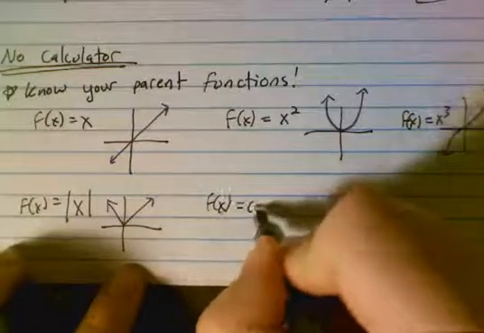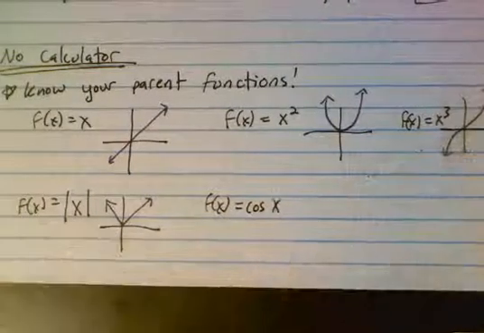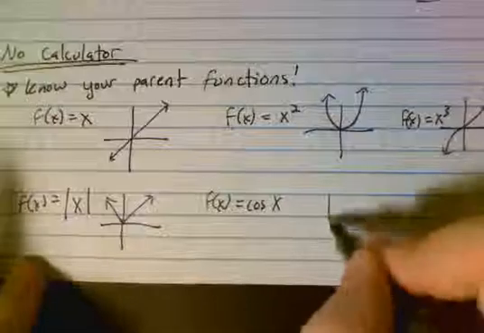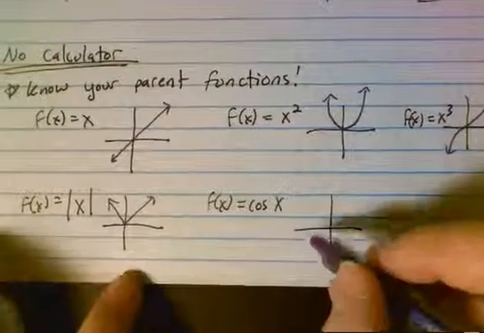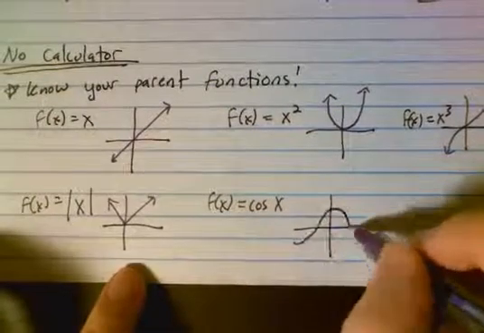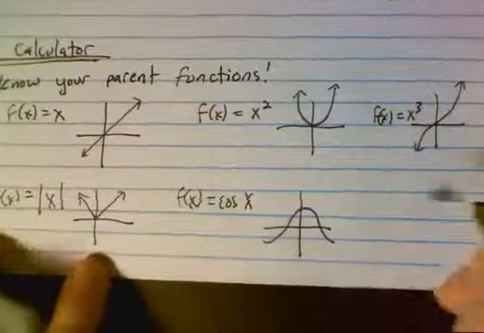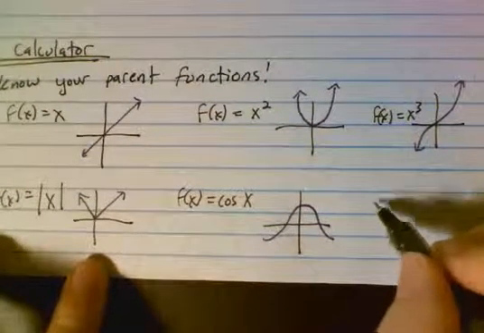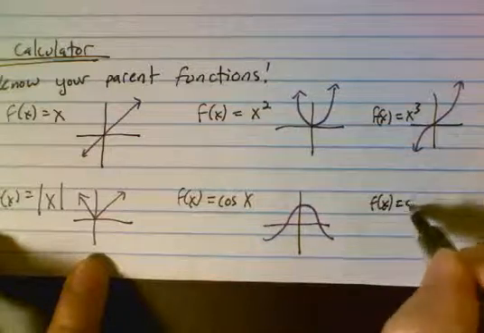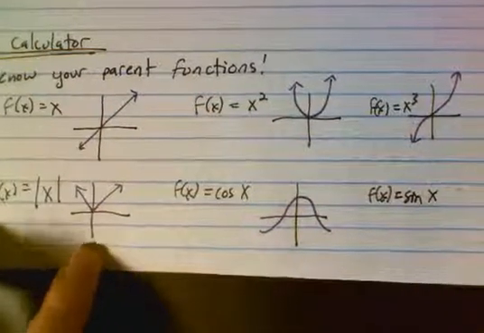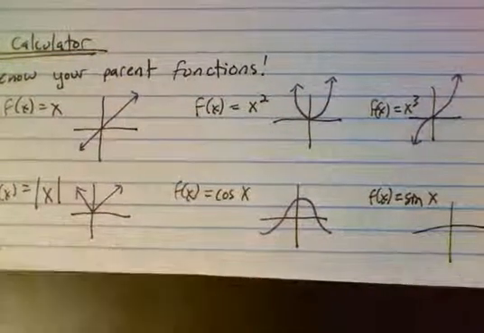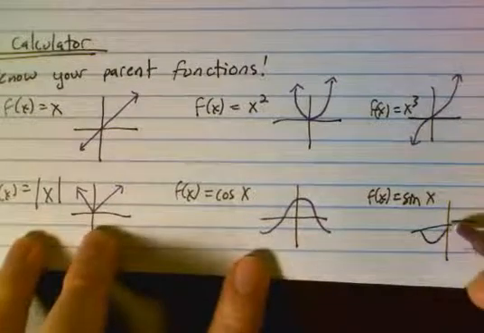Other common ones, f of x equals cosine of x. That's got the peak right about on the axis. F of x equals sine x.